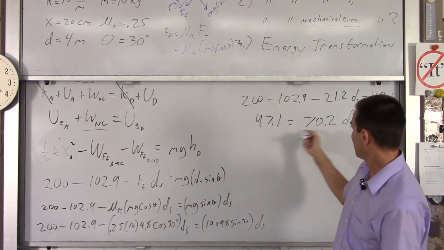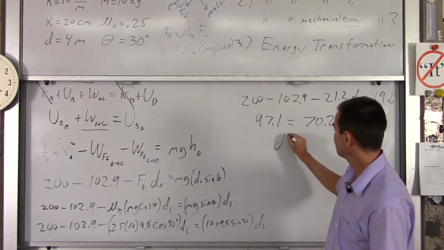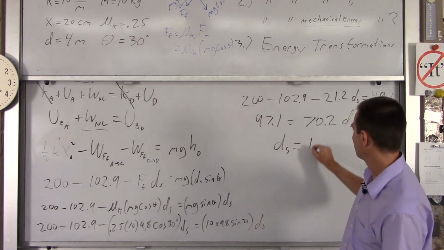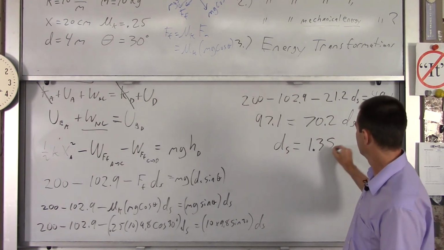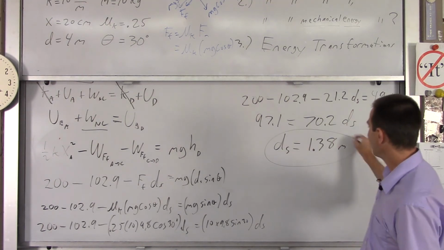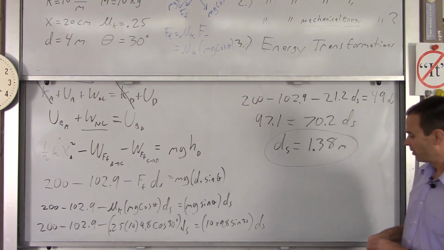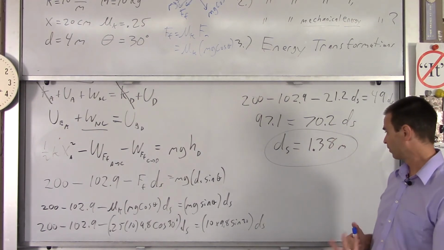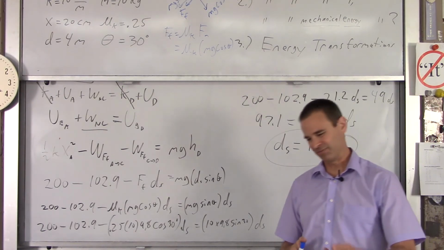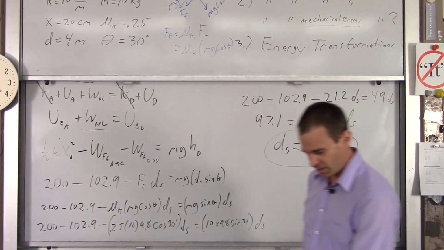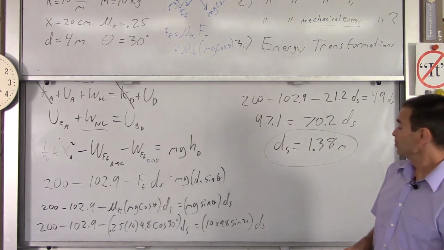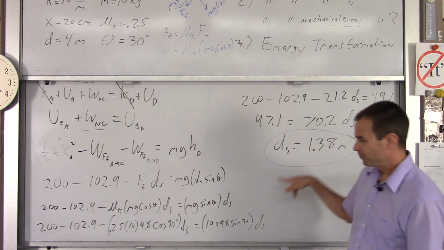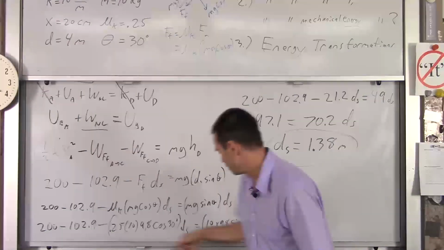And if you divide both sides by 70.2, you get d sub s equals 1.38 meters, okay? So that's how far up the box slid up the ramp before it stops. A little over a meter. Okay, so not all that far. That's about 4.5 feet.